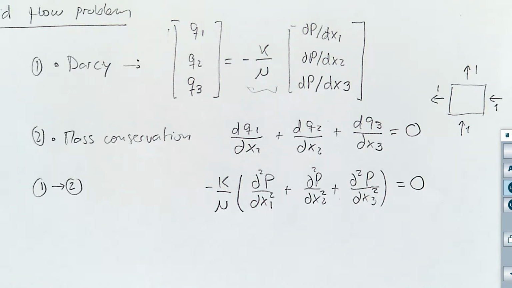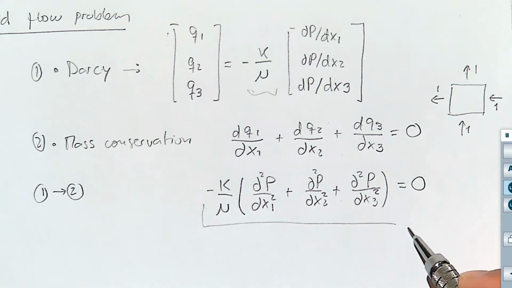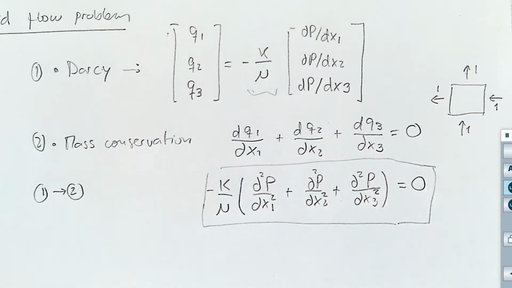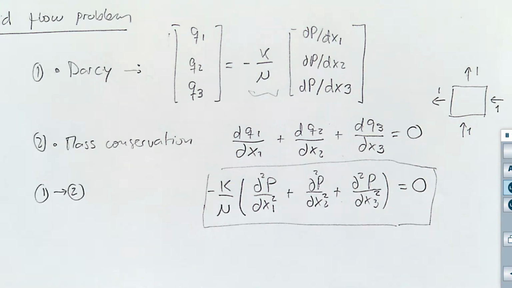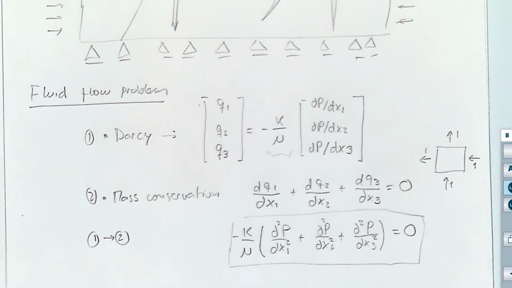But at the end of the day, all I want to tell you is that this is just a differential equation. And if you solve this differential equation, you can tell in which direction the fluid flow is going, and you can calculate flow rates, you can calculate gradients of pressure with different boundary conditions, but it's just a differential equation.